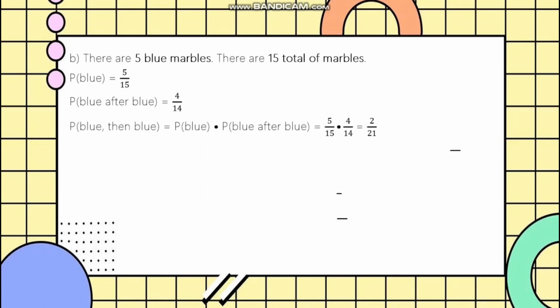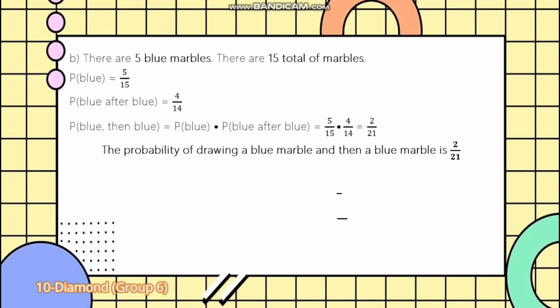Lastly, the probability of blue, then blue, which is equal to 5 over 15 times 4 over 14, which is equal to 20 over 210 or 2 over 21 if simplified. The probability of drawing a blue marble and then a blue marble is 2 over 21.